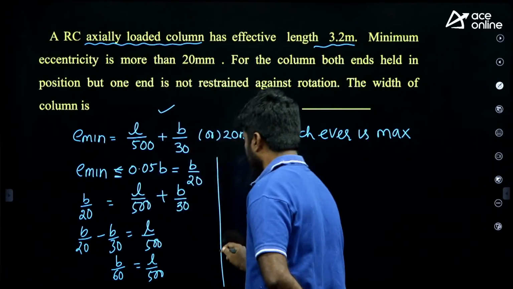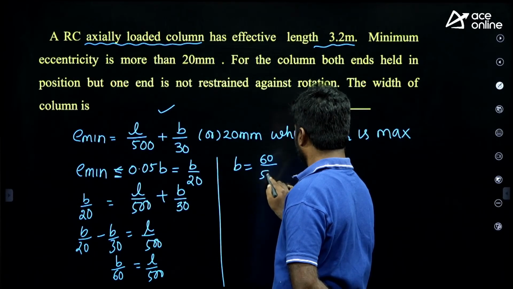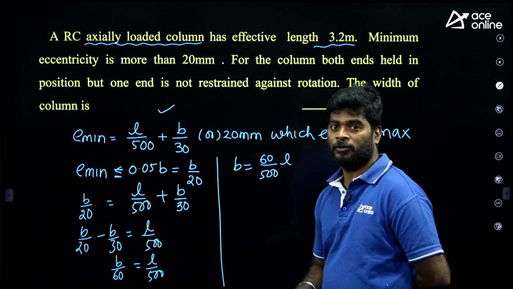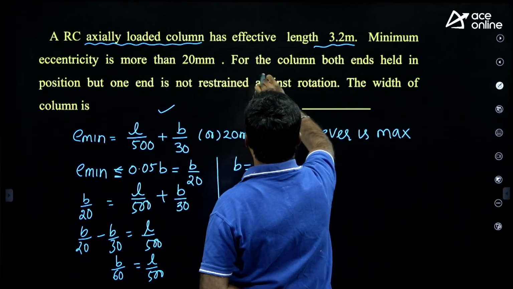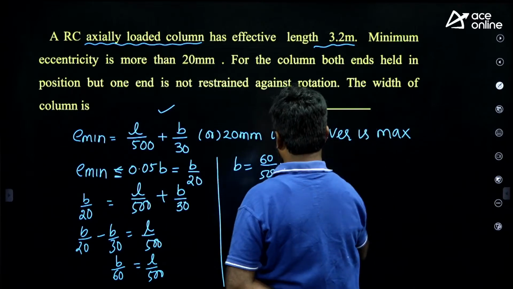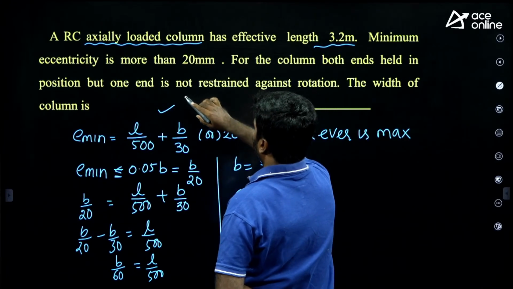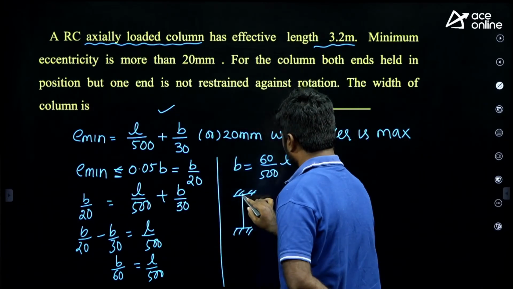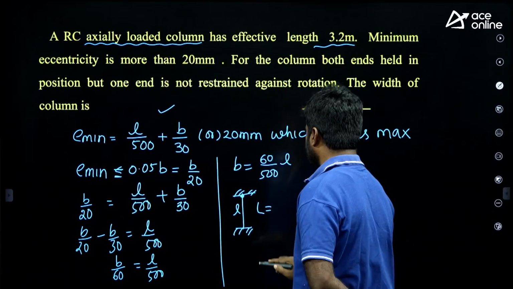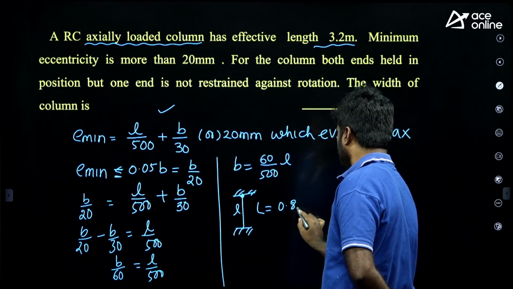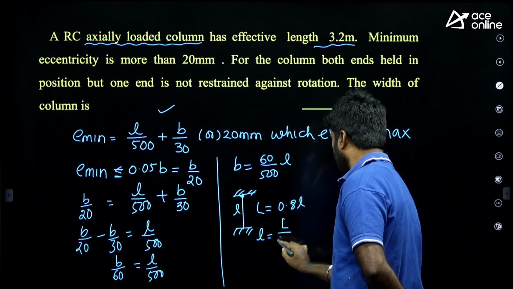My dear, I want B. B equals 60 upon 500 times L. But we need L right now. Here the given effective length is 3.2 meter. One condition is given for the column: both ends held in position, but one end is not restrained against rotation. For this condition, effective length equals 0.8 L. I want the unsupported length, which equals effective length upon 0.8.